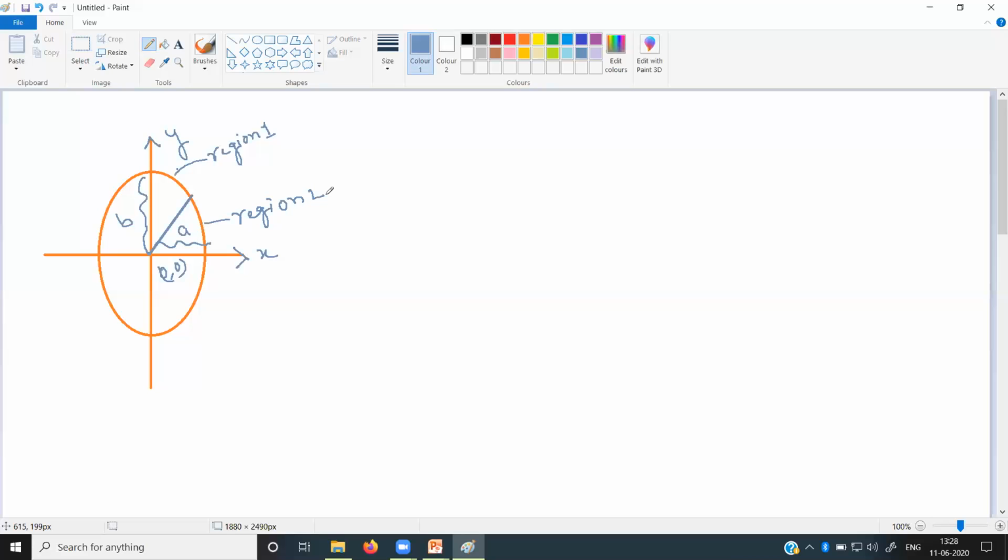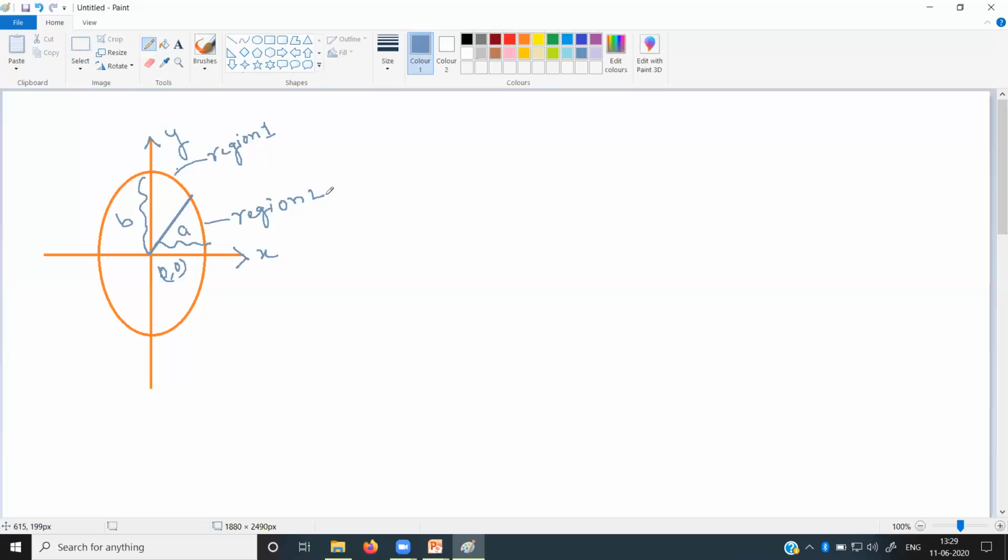And you can see one important thing: in case of region 1, the changing of the x is not as per the changing of the y. That means the rate at which the x is changing, the y is not changing at the same rate.